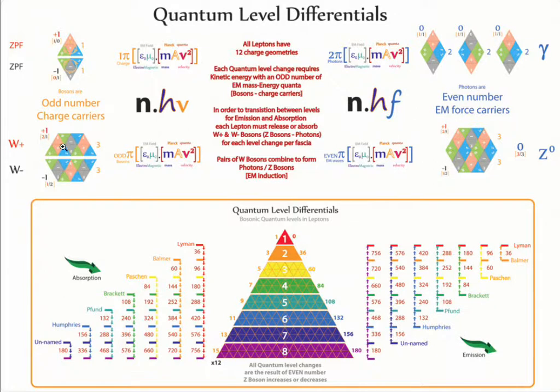Charged bosons, W plus and W minus bosons, irrespective of how many quanta are in them, come together to form neutral bosons, or neutral photons of light. And irrespective of the orientation of the charged bosons, we will always get light photons out.